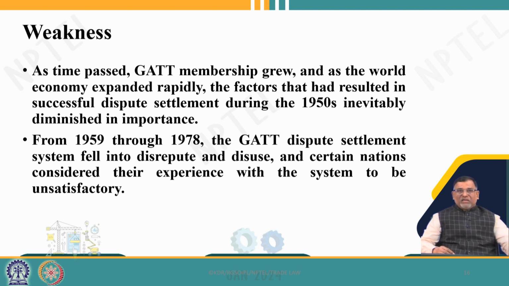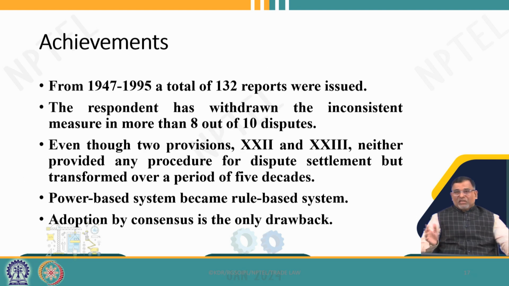But when you look at the disputes, some of the nations felt that this particular system is not good, because it is unsatisfactory: after all the effort, the members to the dispute can block these reports. And you can see that this positive consensus has made a stumbling block, and a lot of reports were blocked.